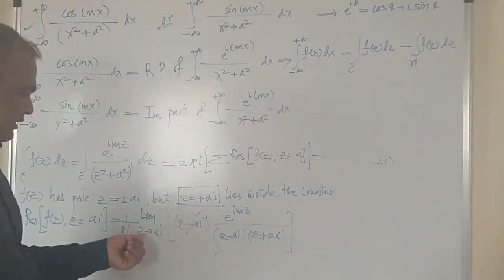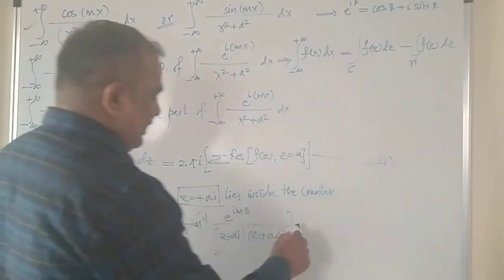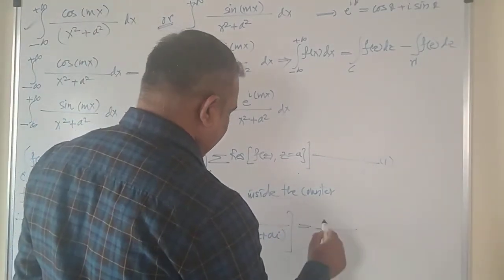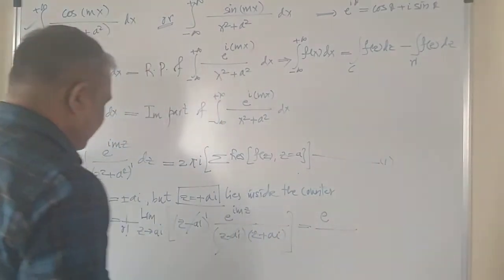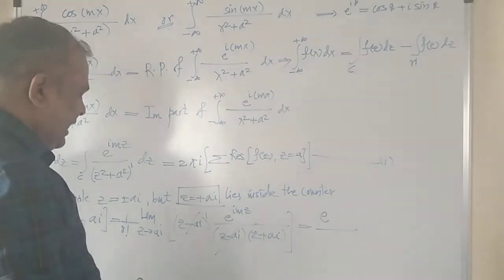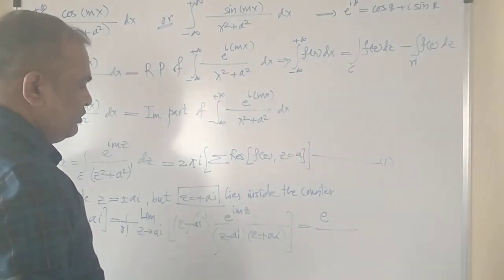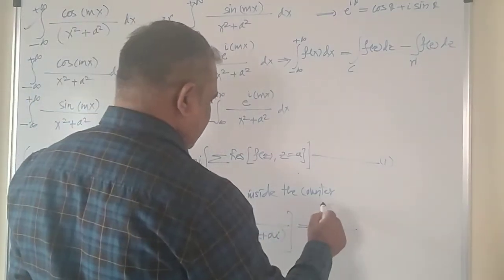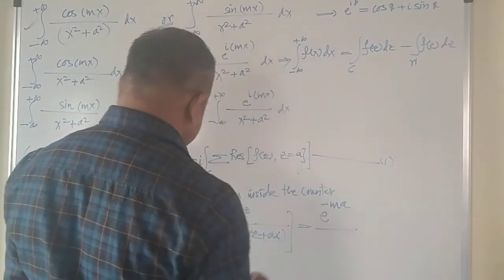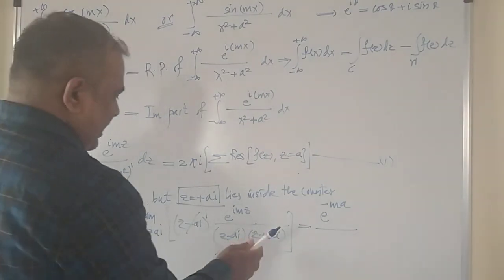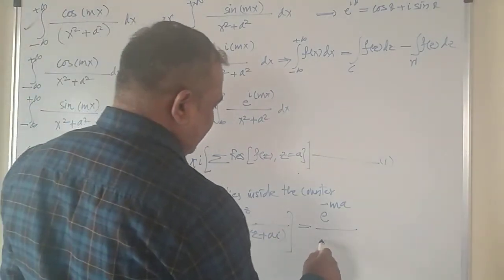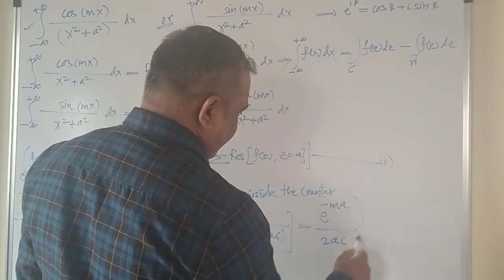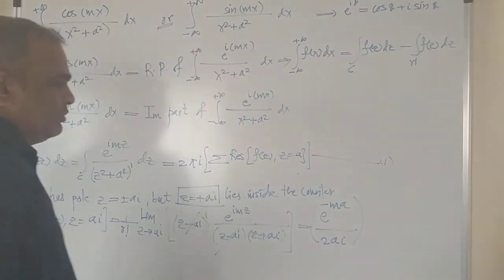Put the limit z is equal to ai directly. So e raised to i m into ai; i and i will be i square is minus 1, so e raised to minus m a, isn't it? Divided by ai plus ai, that means 2ai. This is your residue, right?